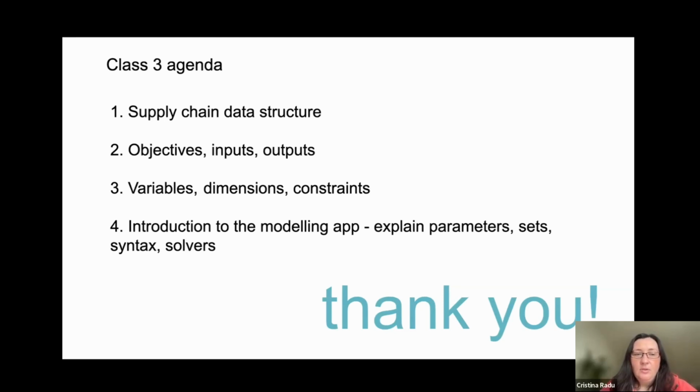We are going to talk about how, now we start to personalize for supply chain, what kind of objectives you have, what the typical inputs and typical outputs are. Then we start to talk about the variables, the dimensions, and constraints. As I mentioned, we are going to go back to the app that you will be using to practice your modeling skills, and we will explain a bit of the AMPL syntax.